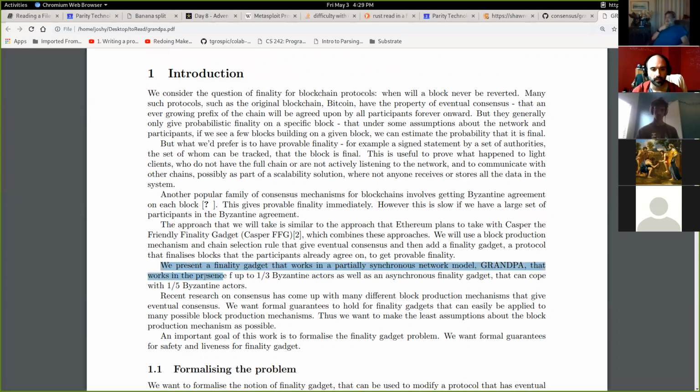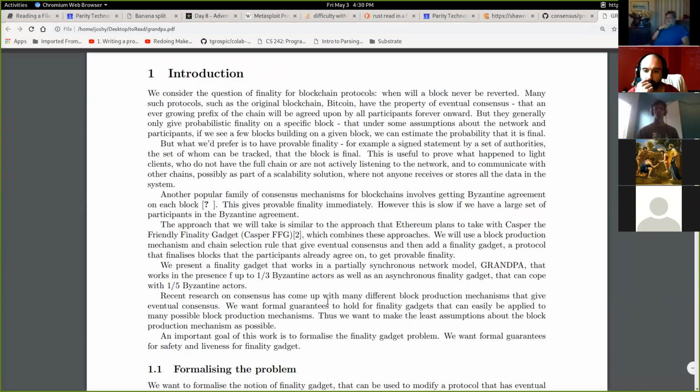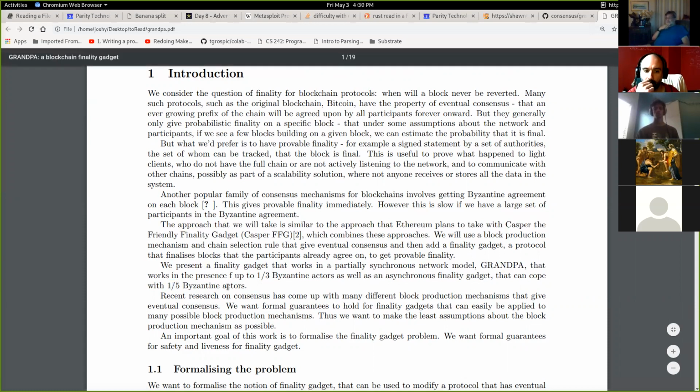So let's see, they're saying this here. They're presenting their finality gadget that works in a partially synchronous network model and can tolerate 1/3 Byzantine actors, as well as an asynchronous finality gadget that can cope with 1/5 Byzantine actors.